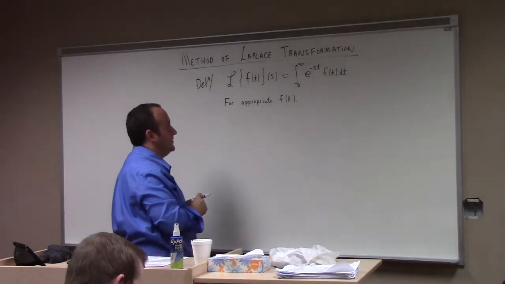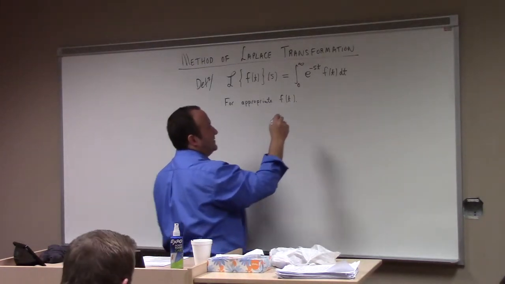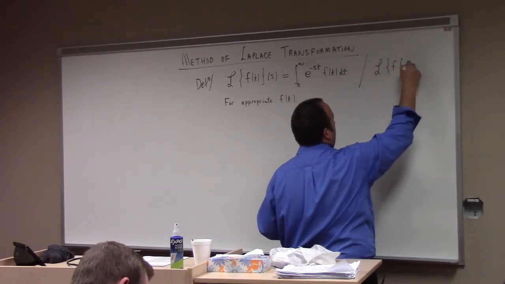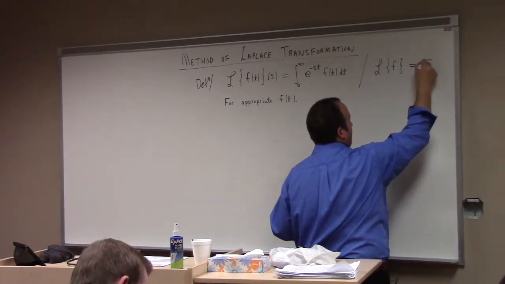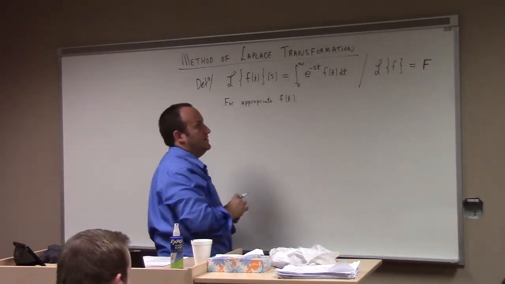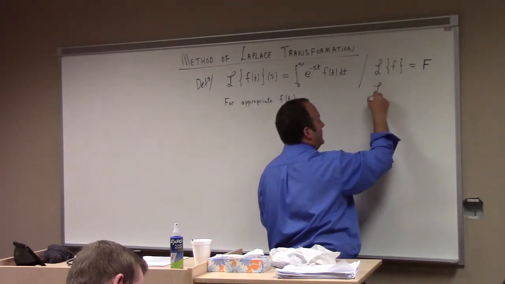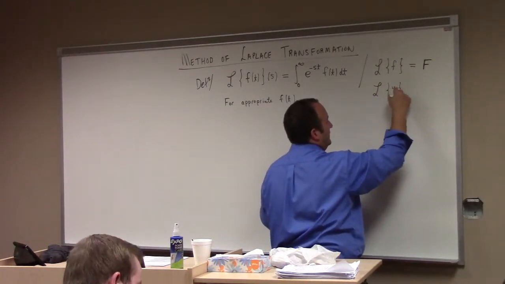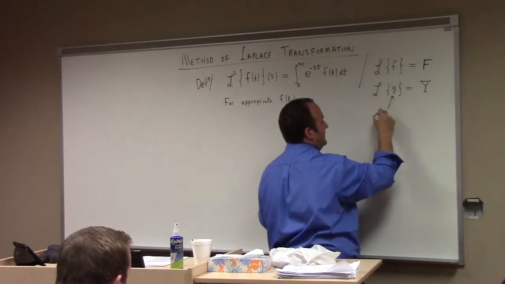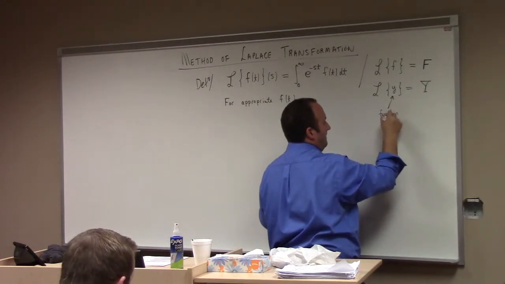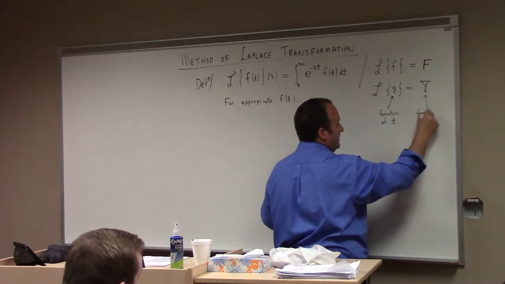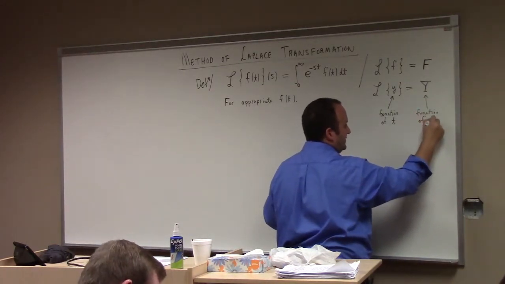And so, other notation, we say that the Laplace transform of the function f is equal to the function big F. So it's not an antiderivative anymore. Now it's the Laplace transform. Other notation, if we started with a y, then the Laplace transform would be big Y. So little y is a function of t, big Y is a function of s.